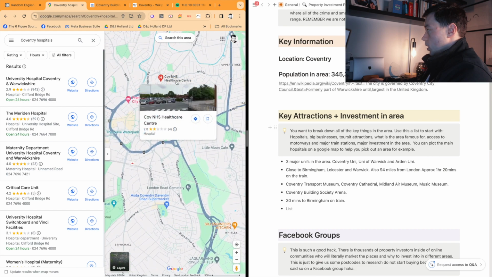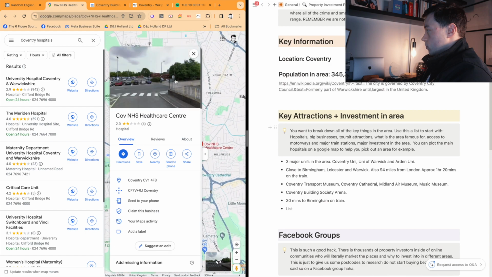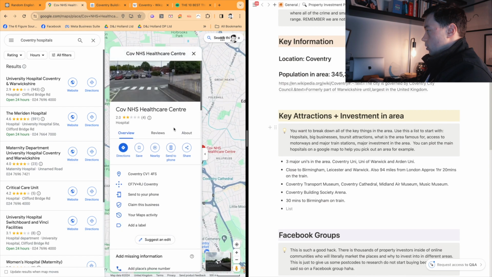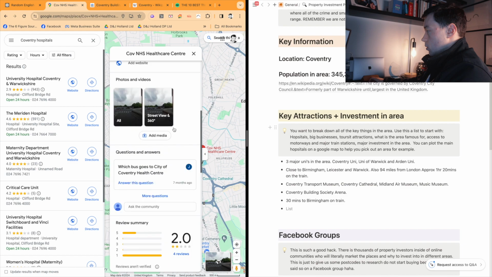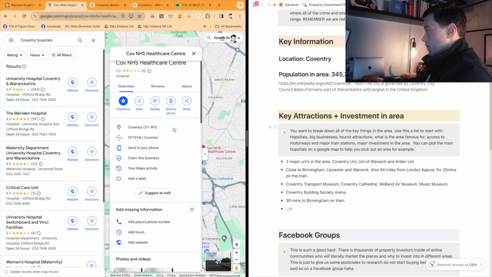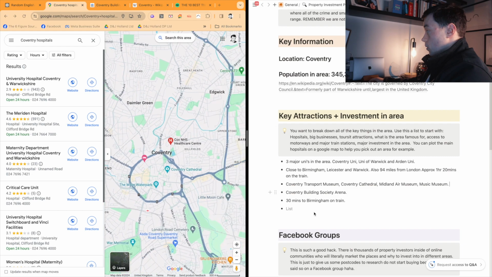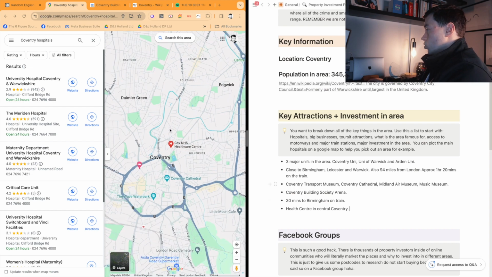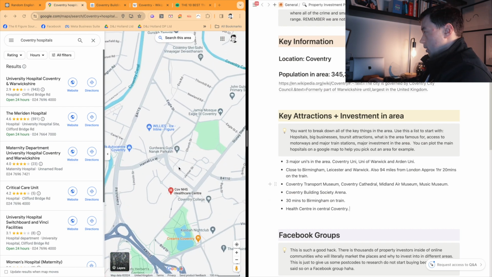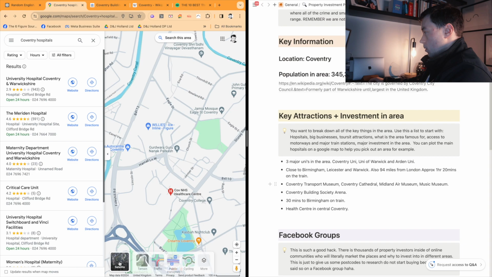So we've got a health centre in the centre of Coventry. Health centre in central Coventry. So sort of where are we looking around here? So I suspect, let's go look on the map.